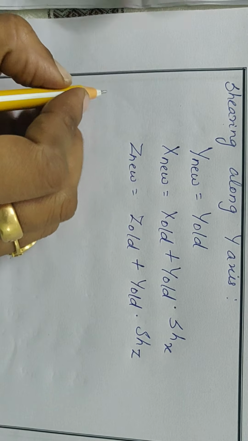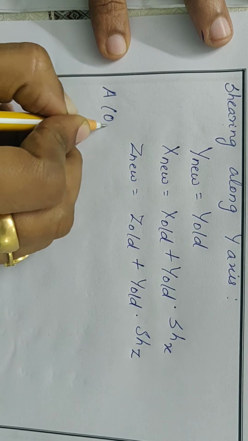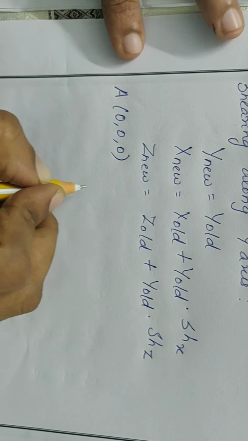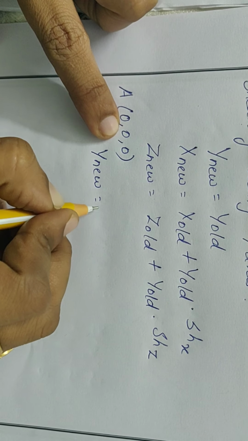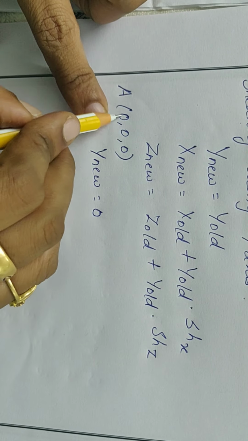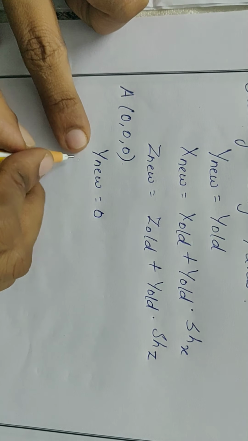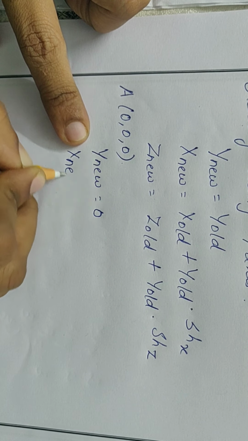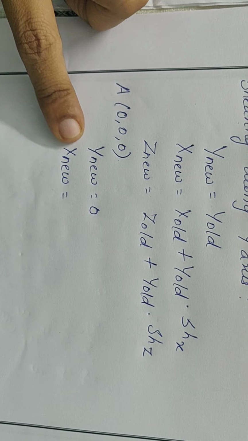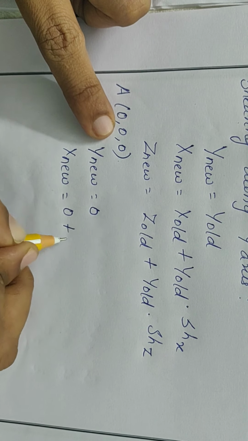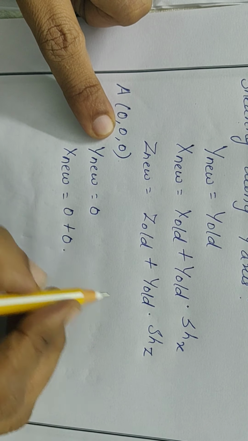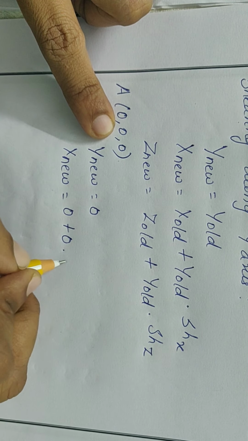My first endpoint is A is equal to 0, 0, 0. Right? So y new is equal to y old, which is 0. This is x, y and z. Similarly, x new is equal to x old plus y old into shear factor along x axis, it is 2.